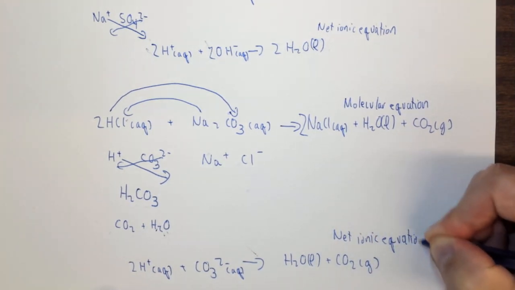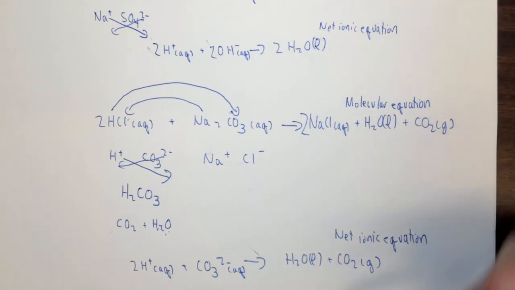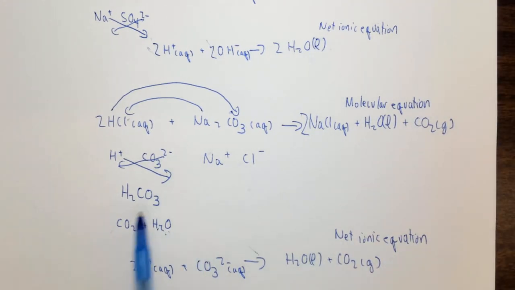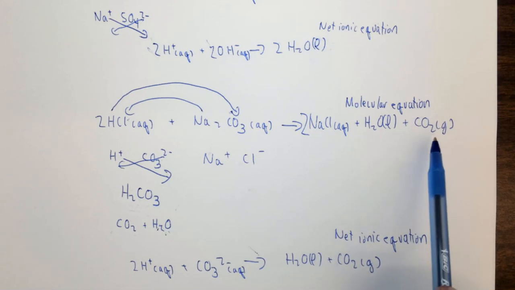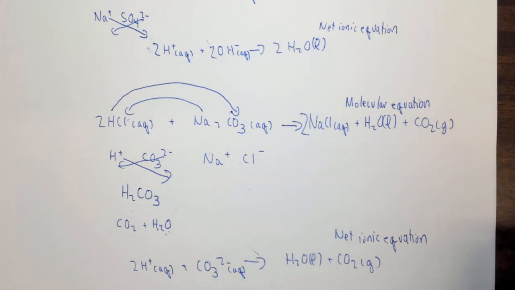So here we have another example. The only difference here is that this would be called carbonic acid, which is not stable at room temperature, so it quickly breaks up into much more stable molecules, carbon dioxide and water, so we have this decomposing. Notice that this does form a gas, so if you were to do this, you would actually see fizzing.